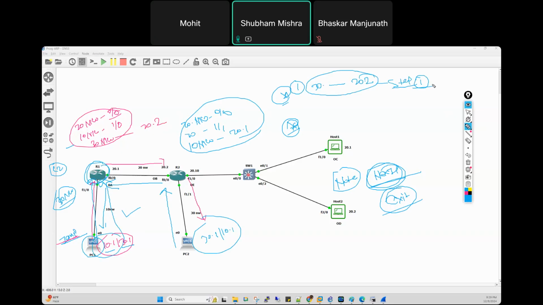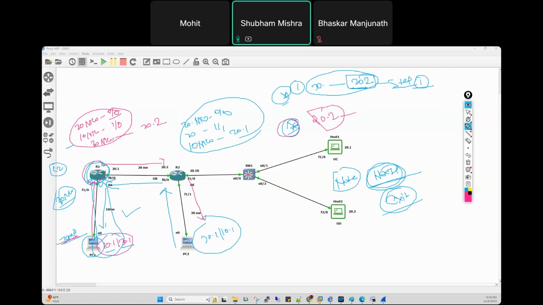But what I told you, router कभी भी next hop को देख के 20.2 को देख के पैकेट फॉरवर्ड नहीं करता. I told you, router never forwards a packet on the basis of next hop. So in step number 2, router checks if I need to reach 20.2, from which interface I need to forward a packet. अगर मुझे 20.2 को जाना है तो मुझे पैकेट कहां से भेजना पड़ेगा?